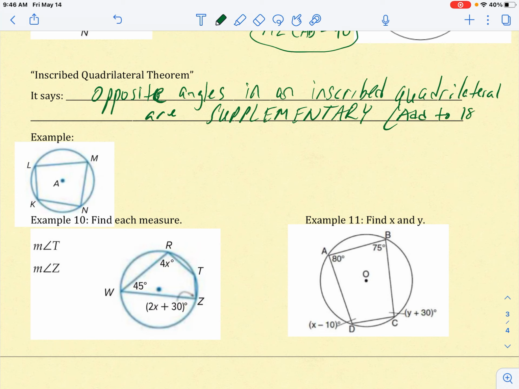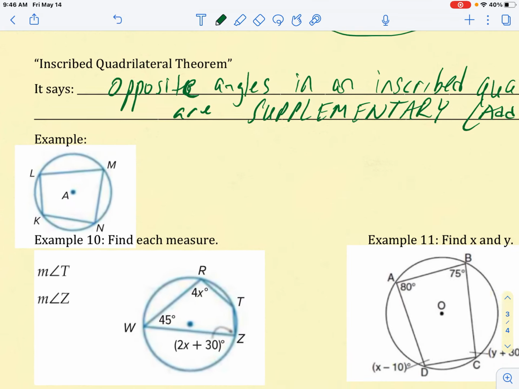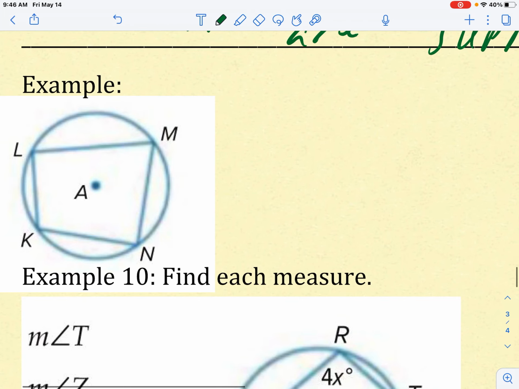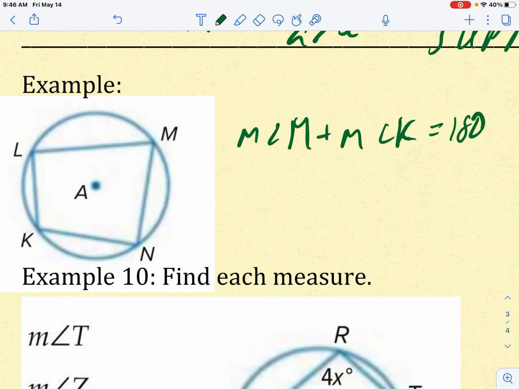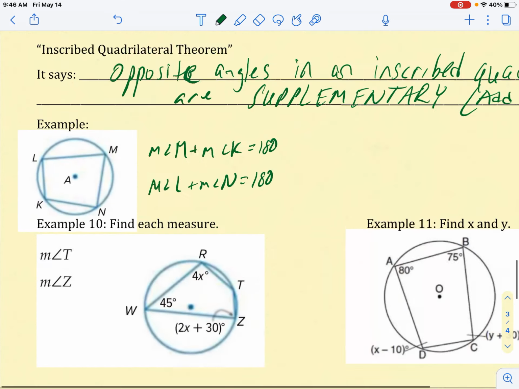Which means they add to 180 degrees. Okay? So, in this example, in this picture right here, measure of angle M plus the measure of angle K would equal 180. Measure of angle L plus the measure of angle M would be 180.